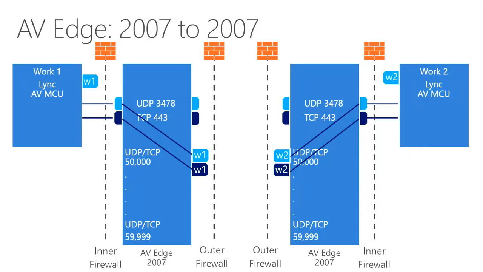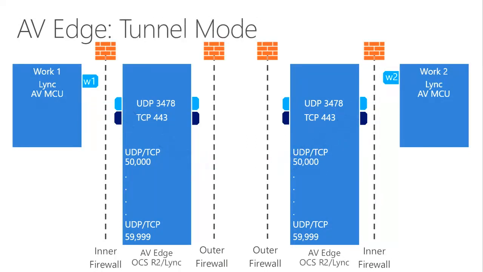So every time you look at candidates, it will say 50,327, whatever it is. And these two AV edge servers will talk on the high ports to each other. If you would close the high ports, they wouldn't be able to talk to each other. So in OCS 2007, high ports need to be open. Then, in OCS 2007 R2, tunnel mode was introduced.